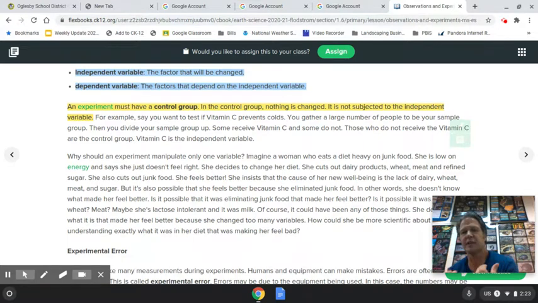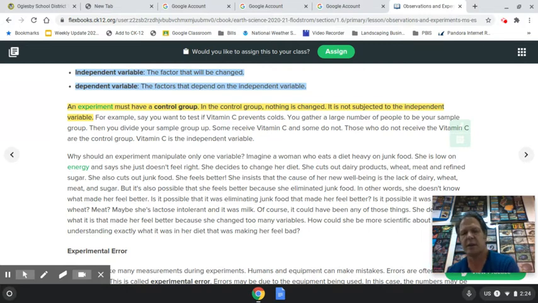Let's say the results come in and it shows the group that received the vitamin C were less likely to get colds and sick. Well, how would you know if it was the vitamin C tablet that prevented the colds, or was it more water? Was it the 6 glasses of water every day?